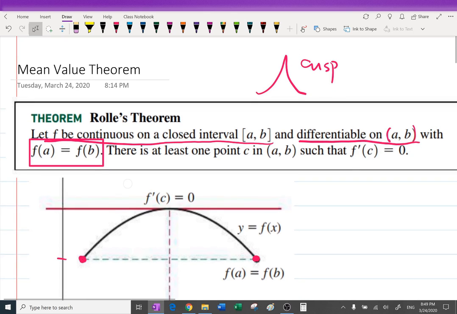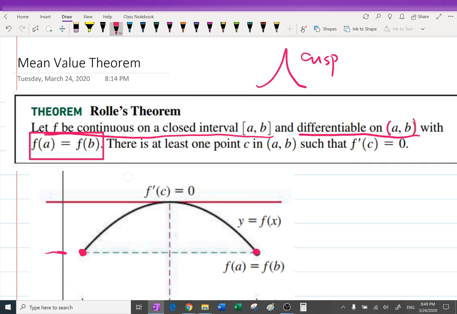For example, I started from the beginning of the mountain, I was hiking up, and then I was hiking down, and ended up at the same height above the sea level. So the theorem says, you know what? Probably somewhere there was at least one point c inside of this interval where the slope of this function is 0.